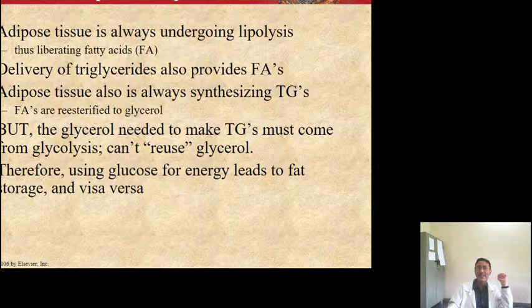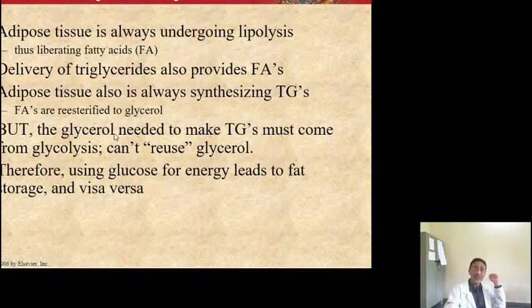Now basically it is again biochemistry, where the glucose and fatty acid cycle becomes a revision. Adipose tissue is always undergoing lipolysis, where the fats are being used, liberating free fatty acids. Triglycerides also provide free fatty acids. Adipose tissue is always synthesizing triglycerides, which are reesterified with glycerol.